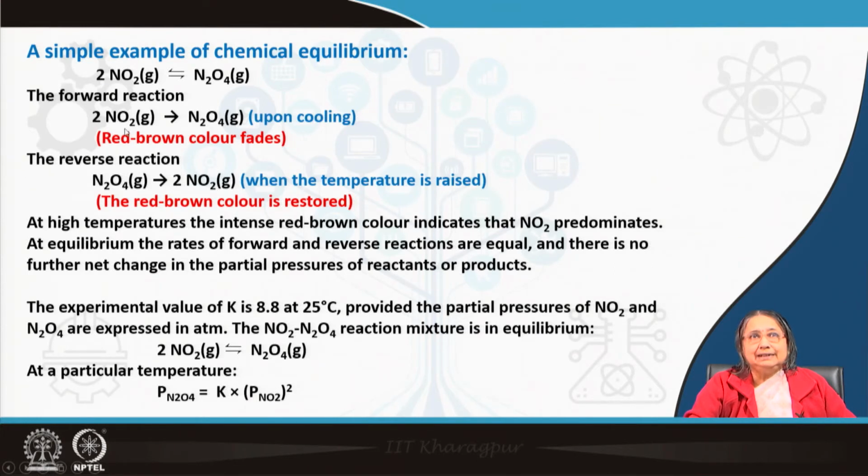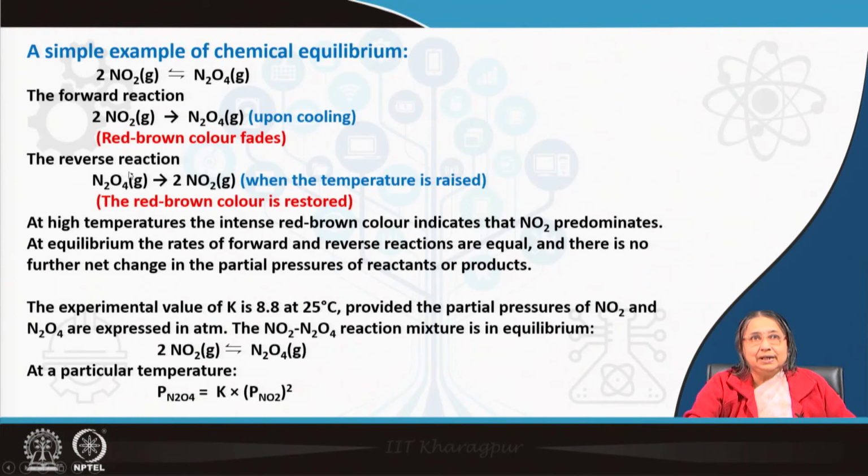So, you can see here that when NO2 goes to N2O4, the color goes away upon cooling. NO2 has color, but when it goes to N2O4 the color is not there, and it happens upon cooling. And the reverse reaction, that means N2O4 goes to NO2 when the temperature is raised.